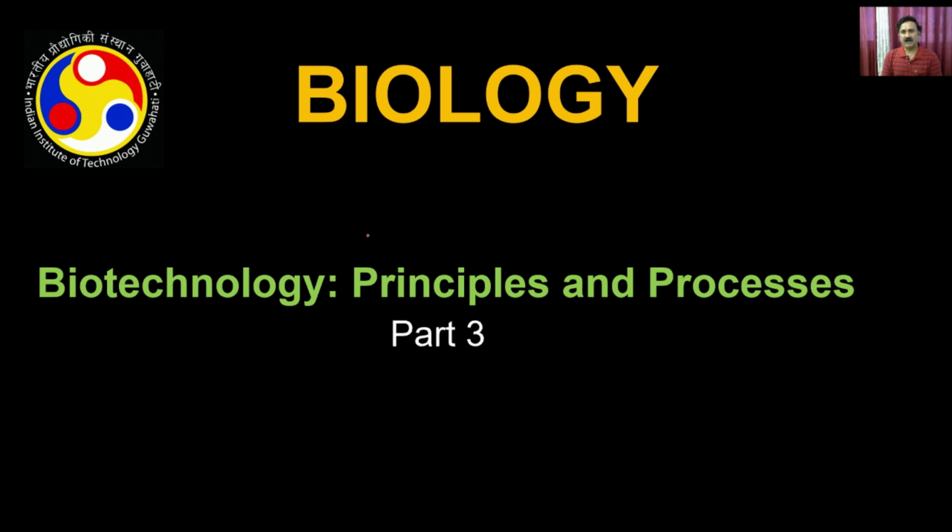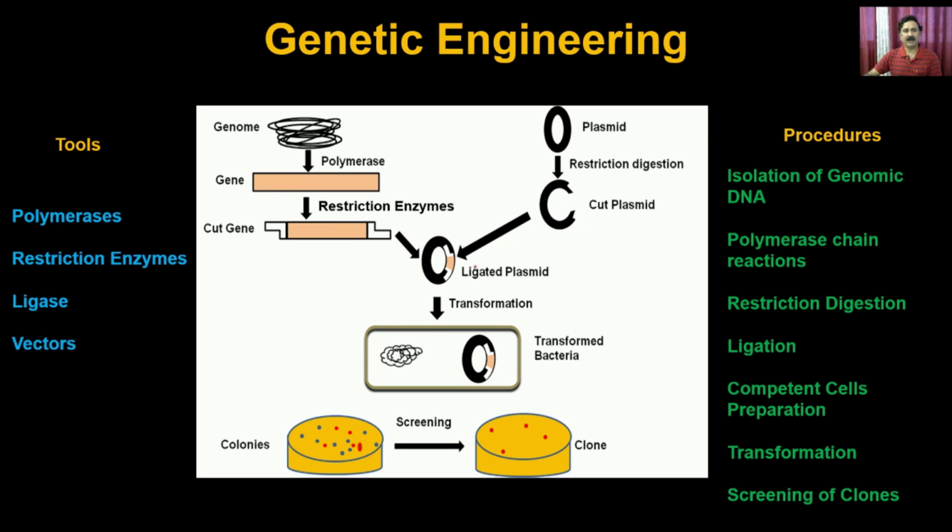While discussing genetic engineering, we discussed that it relies on tools as well as techniques. Within the tools, biotechnology depends on major tools like polymerases, restriction enzymes, ligases and the vector.